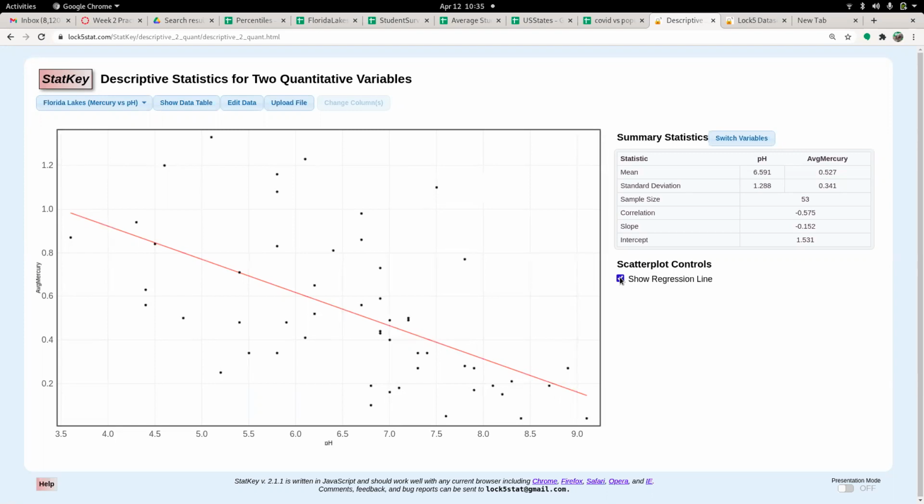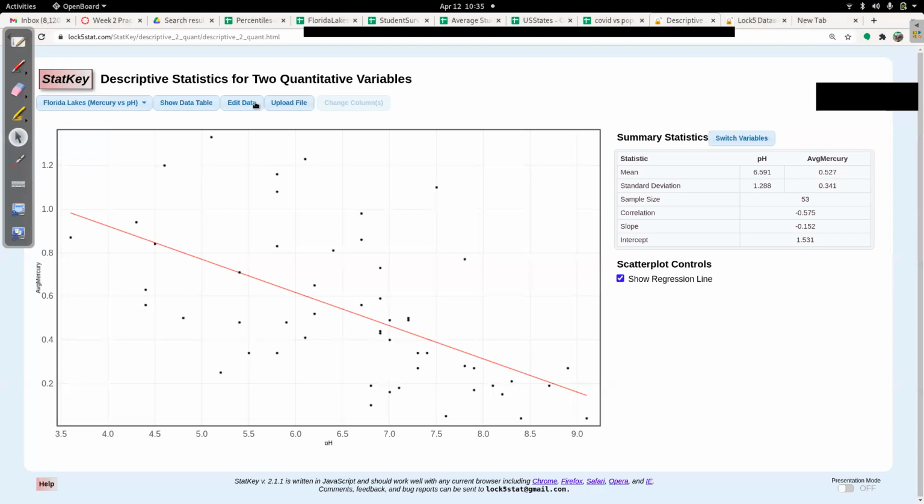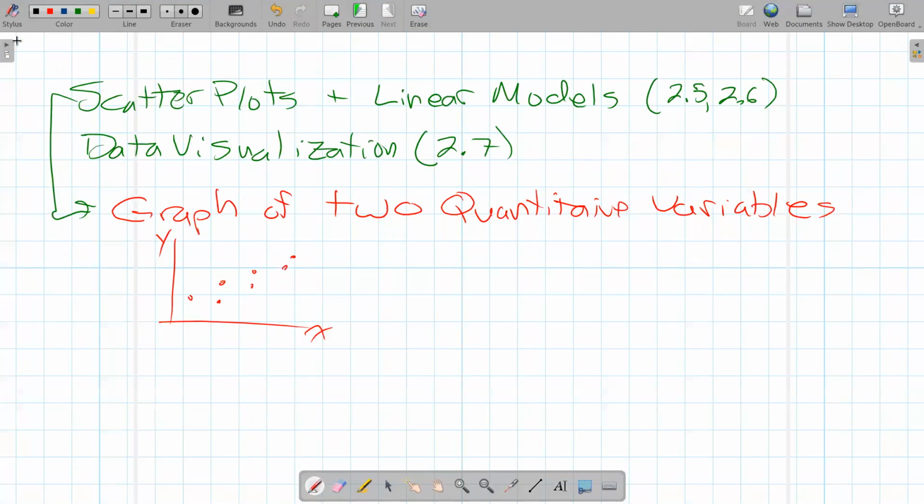This kind of trend in data is called association. So, important idea for today, association. Is there a trend in the scatter plot?